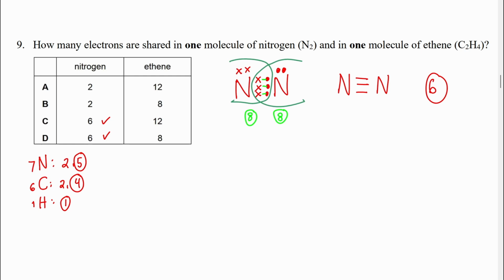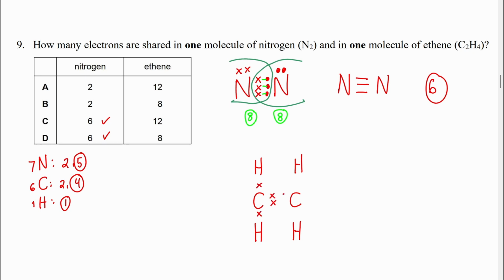Next, ethene, C2H4. So I have to put 2 carbon and 4 hydrogen in here. You have to think about the structure and how the bonding makes every element in here stable. So I think we will have a double bond between carbon and carbon, right? So 1, 2, 3, 4.